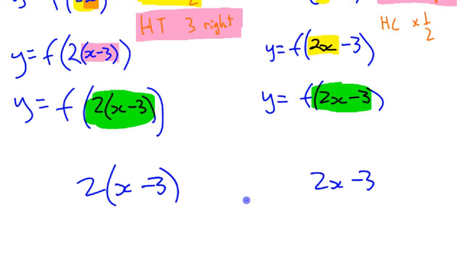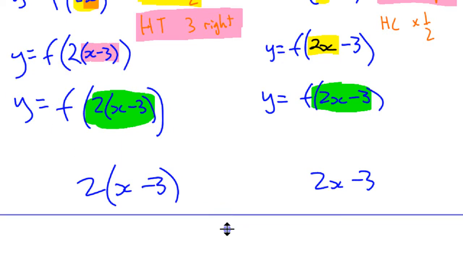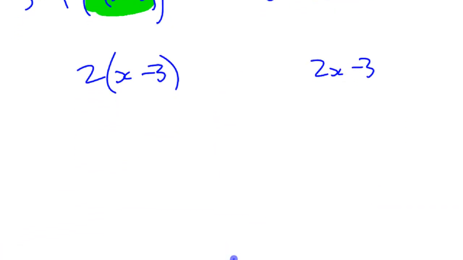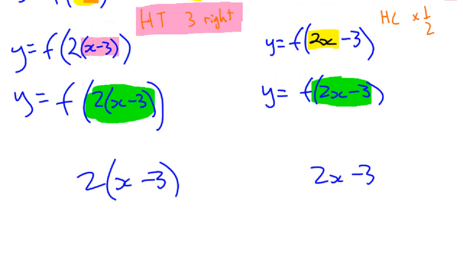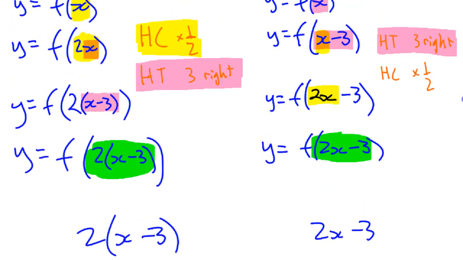Those are different. If this was written without that set of brackets inside, it'd be 2x minus 6. The order is going to affect things here. We can show that just by tracking one single point and doing those two sets of transformations.